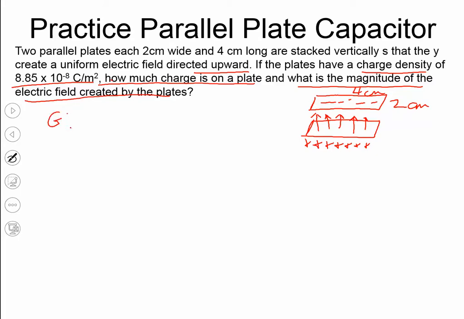They give us that sigma, the charge density, is 8.85 times 10 to the negative 8 coulombs per meter squared. We're dealing with parallel plate capacitors, and in this case we're going to need our epsilon naught, and epsilon naught is 8.85 times 10 to the negative 12.